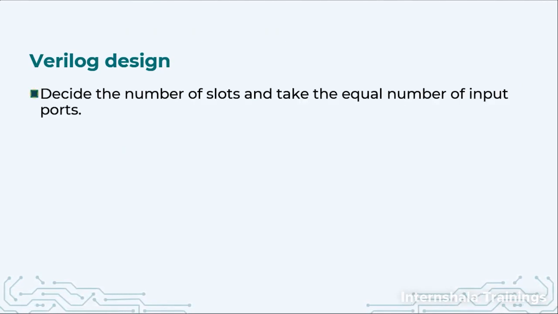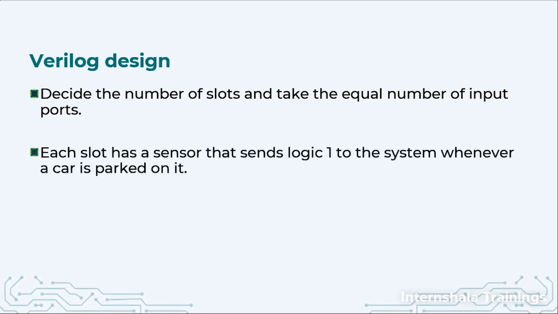We will first of all decide the number of slots and take an equal number of input ports. So if I say I have only 8 spots, that means I can take 8 different inputs, but if I have more or less, then I will take that number. Every slot is having a sensor and we will decide whether the sensor will send logic 1 or 0 whenever the car is parked.